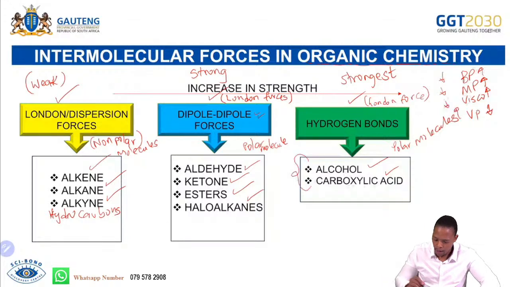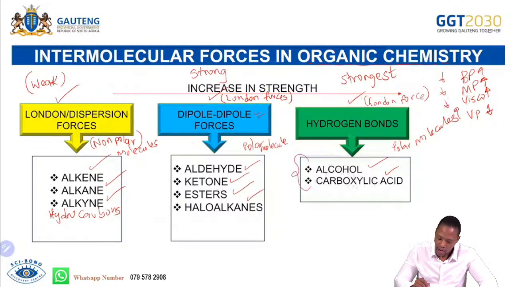But what else can we say about alcohol and carboxylic acid? Their strength is not the same. If I compare an alcohol and a carboxylic acid, I will find that the carboxylic acid will have an even higher boiling point, because the hydrogen bonds within the two are not exactly the same.